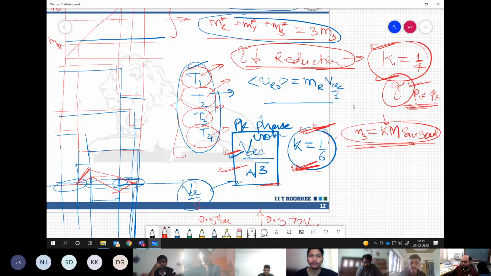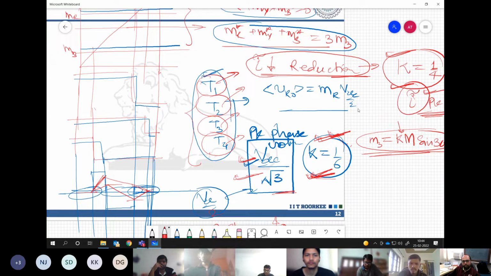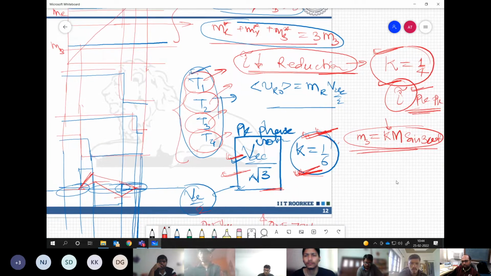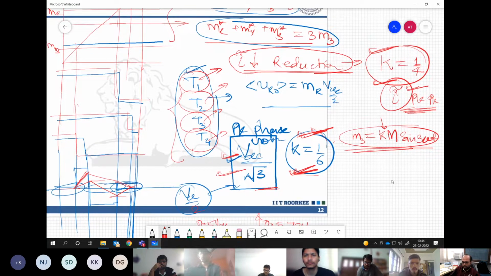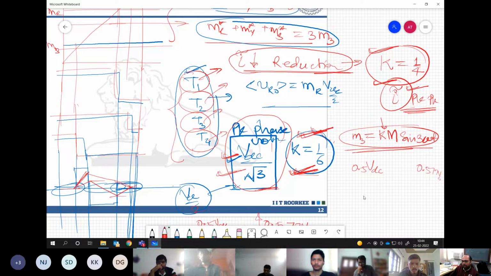Sir, but when K is equal to 1/4 and we take a higher M value, we will also cross into over modulation. It will cross, but it will not be able to reach up to this. It will be somewhat lower. See, DC bus utilization is 0.5 for sine triangle and the best is 0.577 when you have K equal to 1/6.